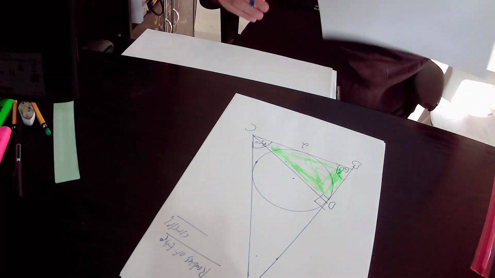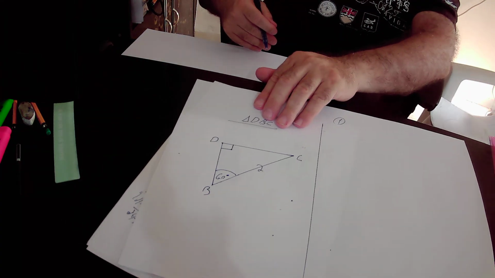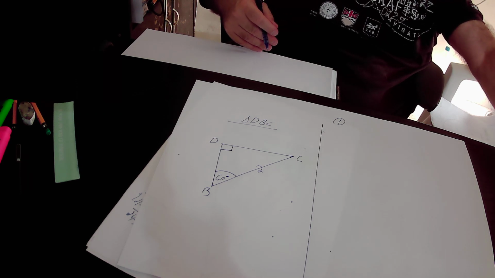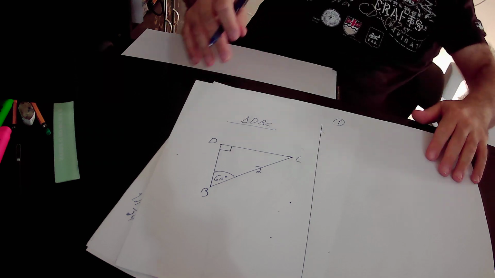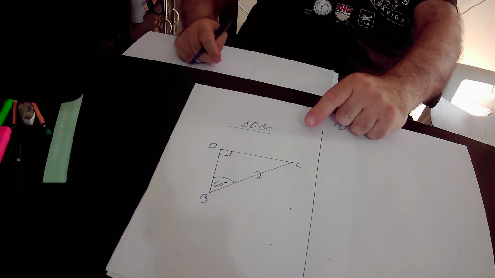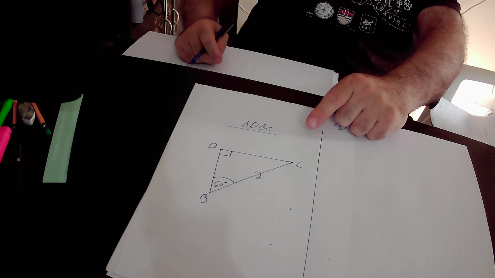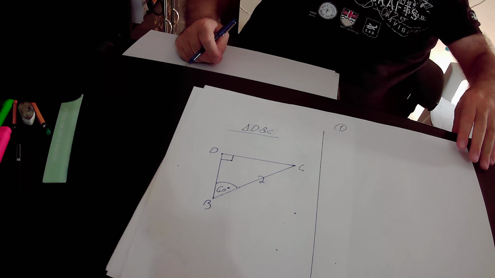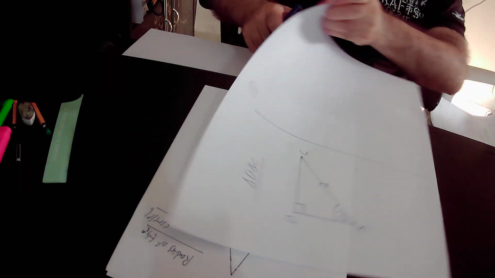So actually, this is the right triangle DBC that I copied from the original drawing. We know that the sum of the angles in the right triangle DBC is equal to 180 degrees. So which angles do we have inside triangle DBC?